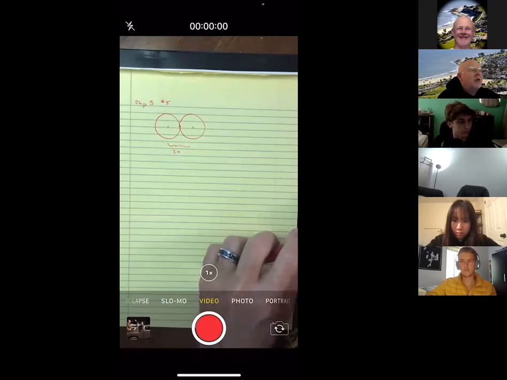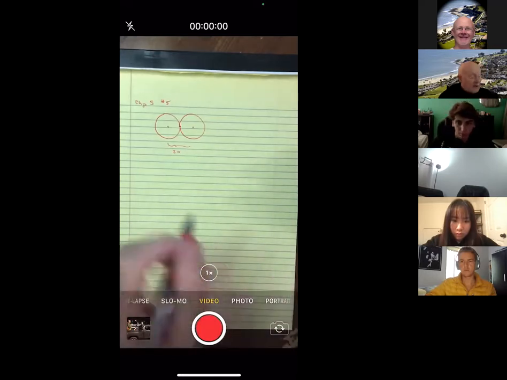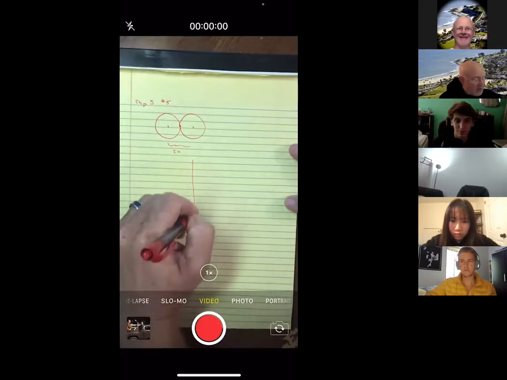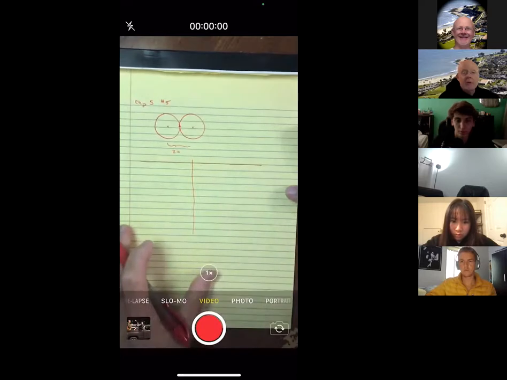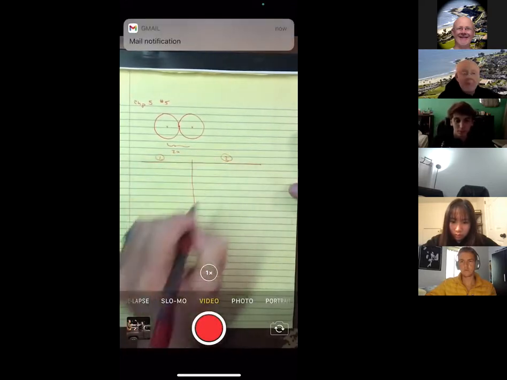How large would the gravitational force be if the distance between the 2 spheres was tripled? Oh, I love this question because there are 2 ways to get there. I'll make 2 columns here. I'll call it step 1, step 2.